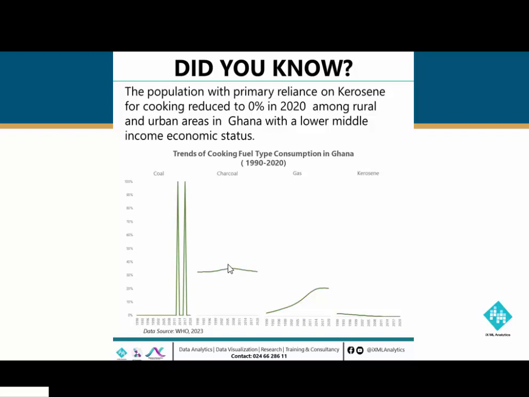In another story, I presented charcoal. So historically, from 1990 to 2024, the leading primary source of cooking fuel for Ghanaian households, especially the houses with a lower middle income status, is charcoal. And this was surprising. I thought that in this modern Ghana, people don't use charcoal like that.